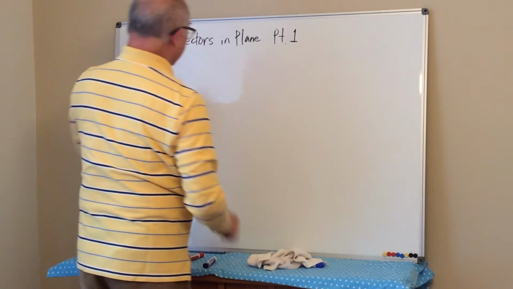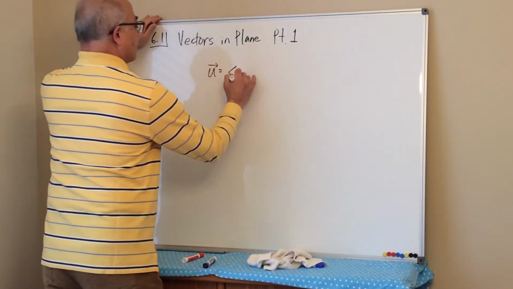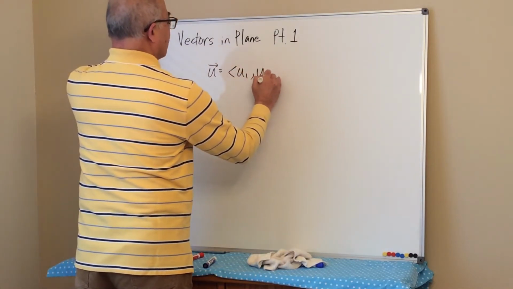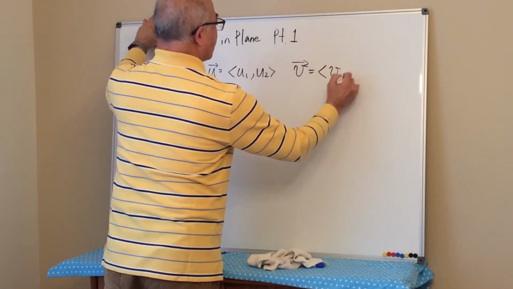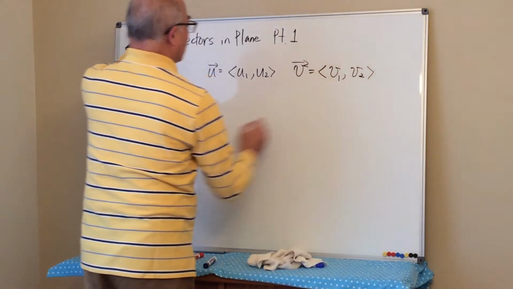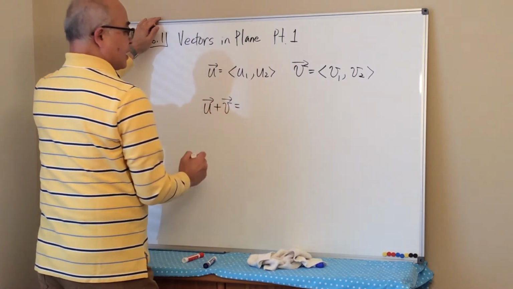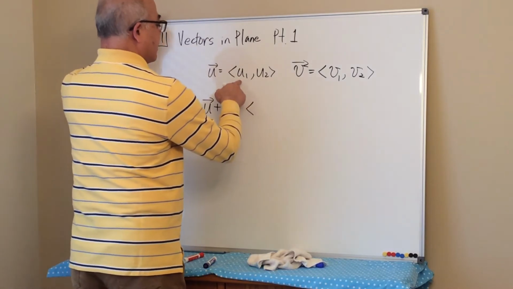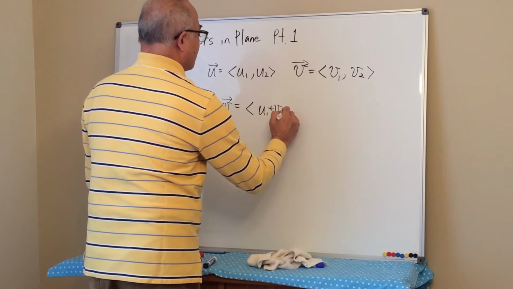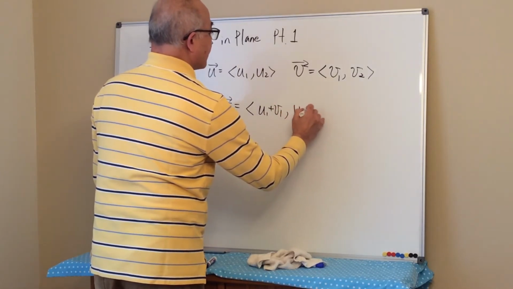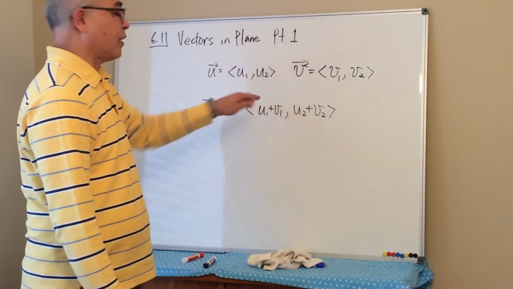If I had a vector u, which we'll call u1, u2, and a vector v, v1, v2, the way I add the vectors is I add the x's together, u1 plus v1, and then I add the y's together like that. Okay, so that's how I would add the vectors.